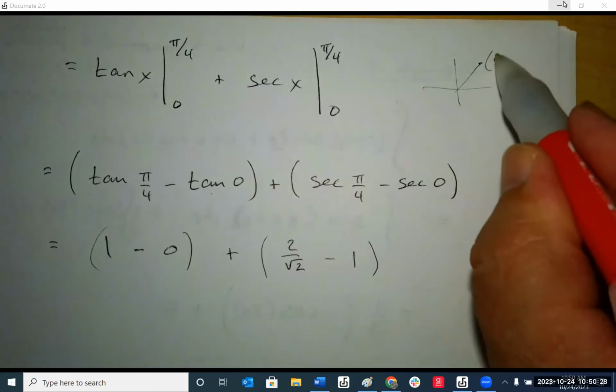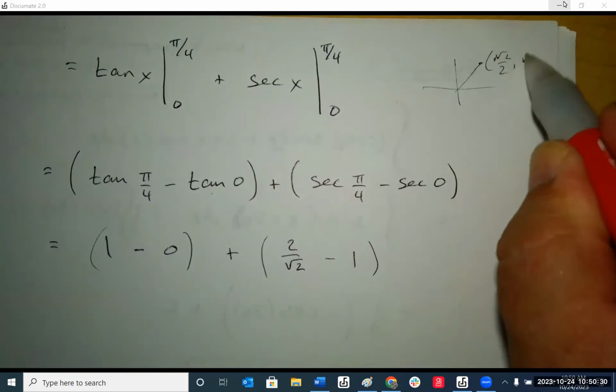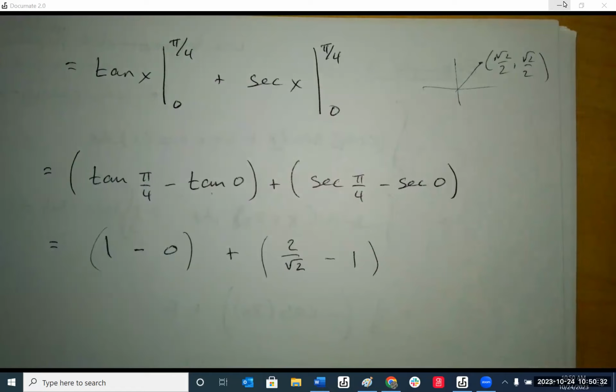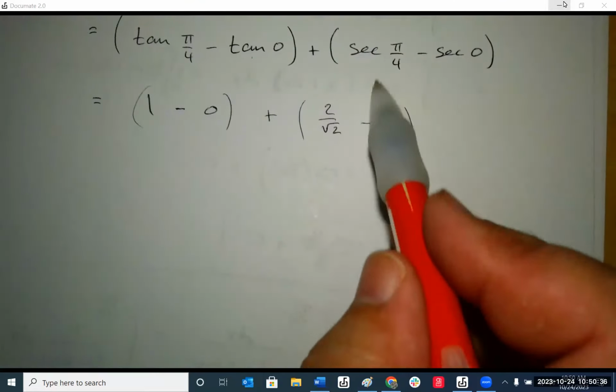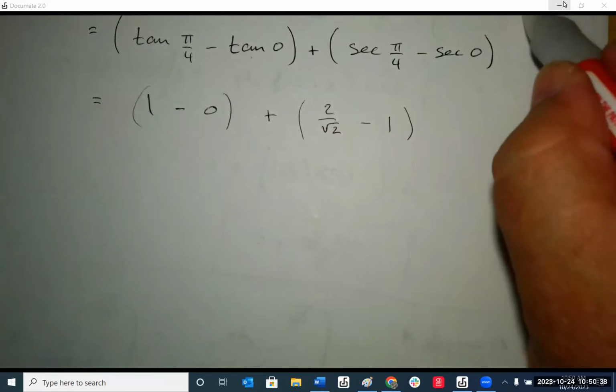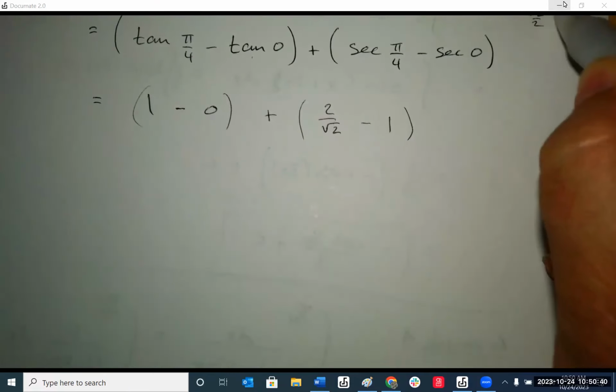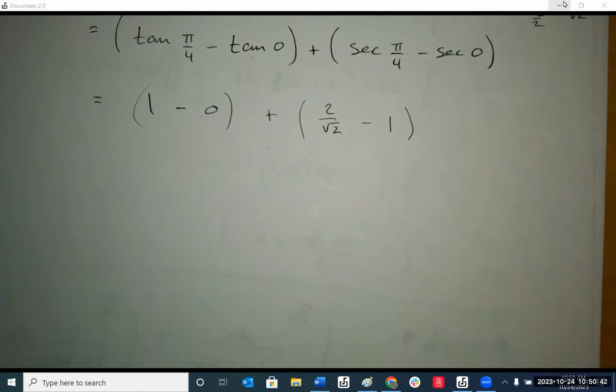They're both square root of 2 over 2. So this is 1 over square root of 2 over 2, which makes it 2 over square root of 2.